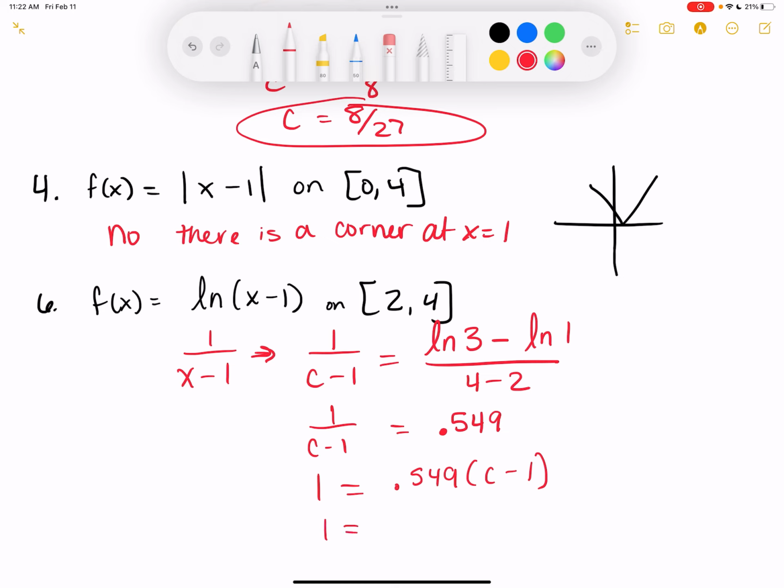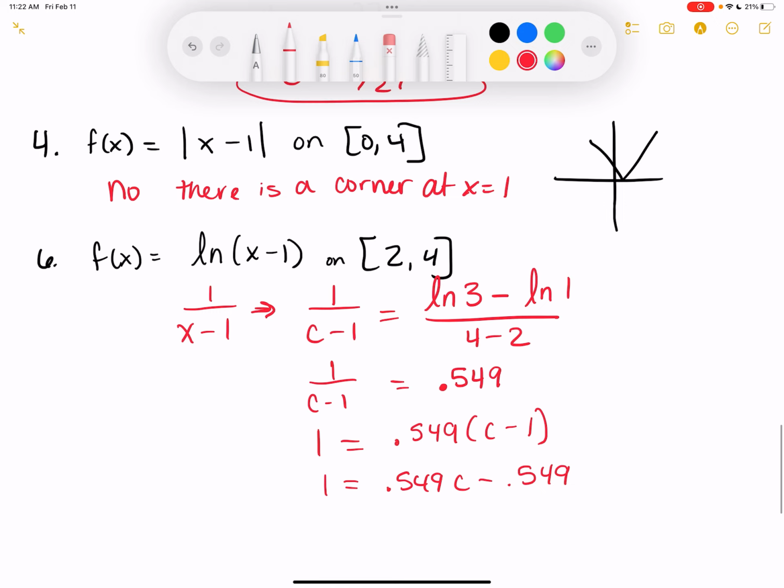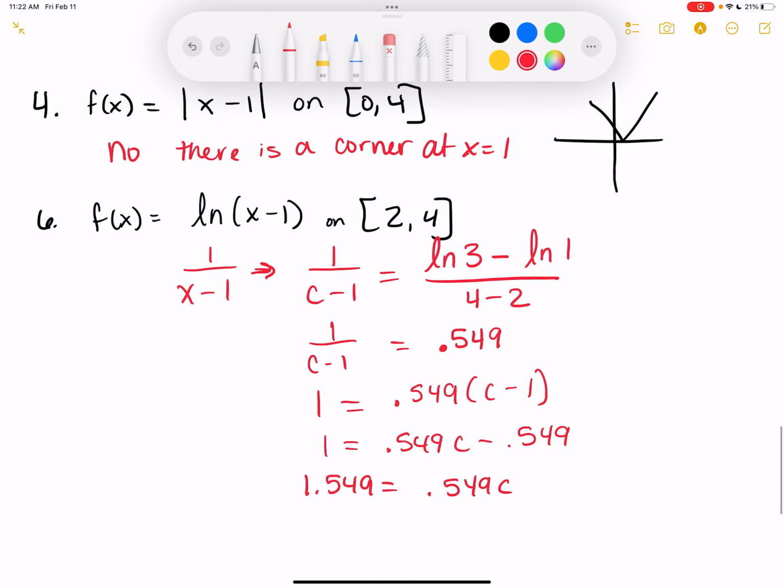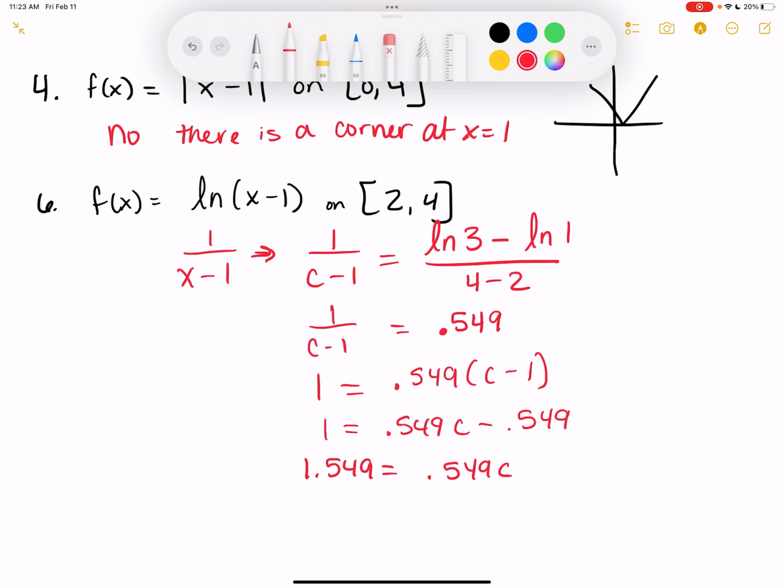So then 1 is equal to 0.549 c minus 0.549. So add the 0.549 over, you get 1.549 is equal to 0.549 c. Divide 1.549 over 0.549, and that's equal to 2.8.